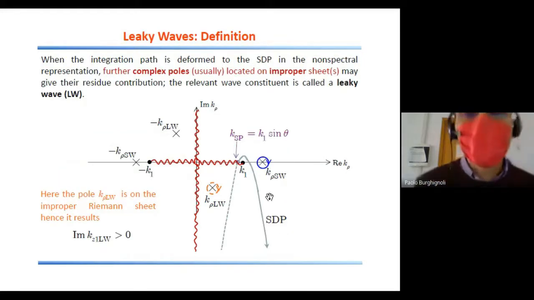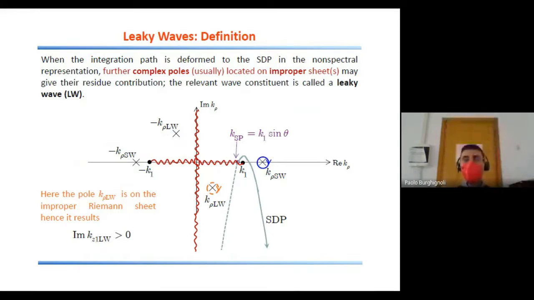Now, sticking to the discussion of pole singularities, it happens that when the integration path is deformed, so we now change from the spectral representation to some different representation, like the steepest descent path representation, then it is possible that in a stratified medium, so not in the Sommerfeld half space configuration, but in this more general stratified configuration, there are further complex poles that are typically located on some improper Riemann sheet.